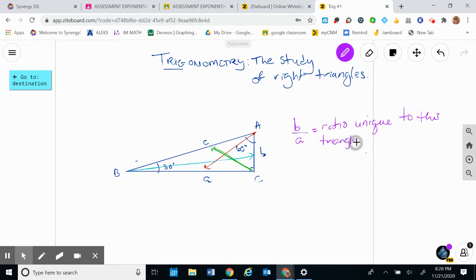The minute I make this side longer, this angle bigger, I'm going to get a different ratio. For example, if I have a triangle that is 40 degrees, and this is 90, and this is 50 degrees, this side, let's call it B2, over this side is going to be a completely different ratio. It's so unique to that triangle that it identifies that triangle, almost like a fingerprint.